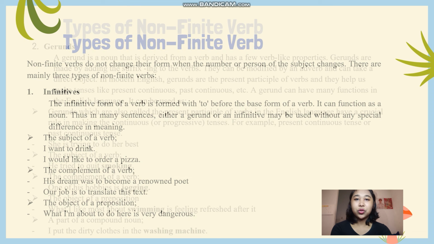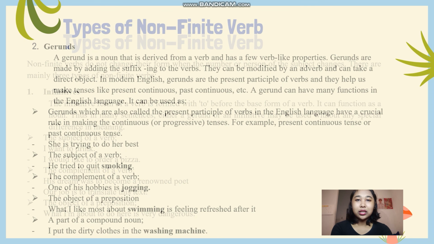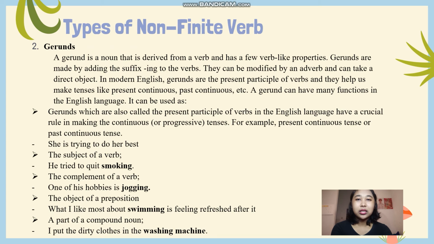Two, gerund. A gerund is a noun that is derived from a verb and has a few verb-like properties. Gerunds are made by adding the suffix "ing" to the verb.